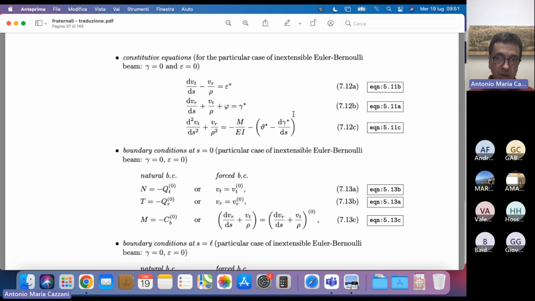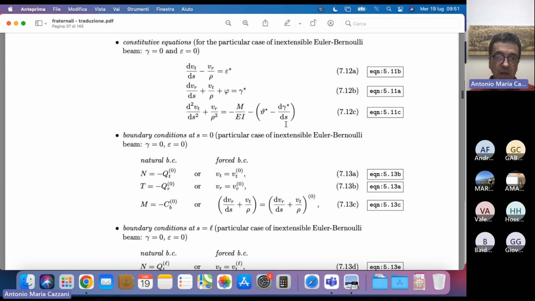It's a second order differential equation connecting these two things. We must check that in this case, of course, we have to introduce not only in the governing equation the angular distortion, but also the derivative of the transversal distortion.